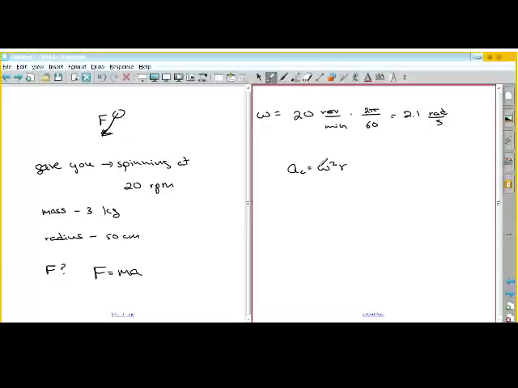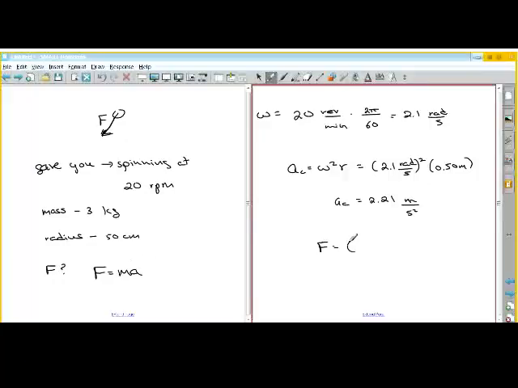So the centripetal acceleration required for that to happen is omega squared r. So we just plug in omega, 2.1 radians per second squared, times the radius, which is 0.5 meters. 2.1 squared times 0.5, so the centripetal acceleration is 2.21, and because this is a linear acceleration, not an angular acceleration, it's in meters per second squared.